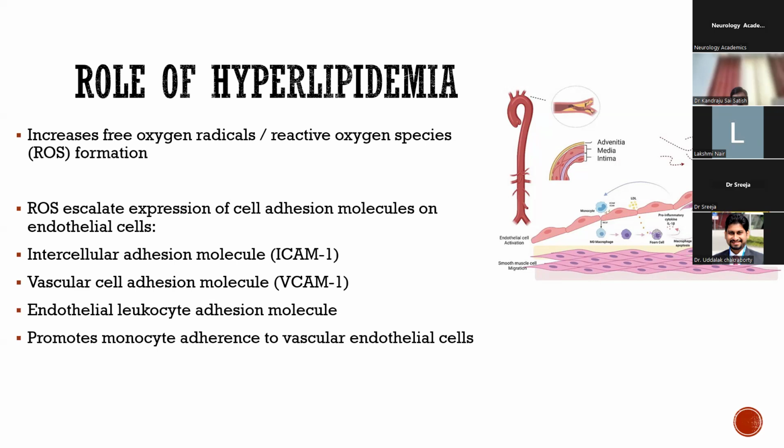This LDL will activate the formation of free radicals in the subendothelial surface, and this ROS escalates the formation of intercellular adhesion molecules as well as the vascular cell adhesion molecule and the endothelial leukocyte adhesion molecules. So this promotes the monocyte adherence to the vascular endothelial cells.